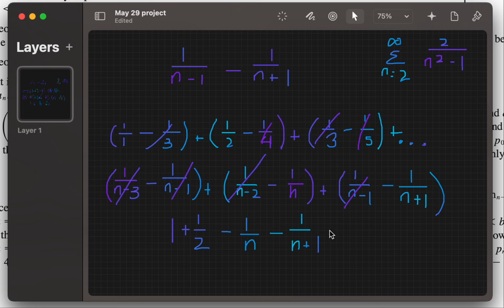Now, when n goes to infinity, 1 over n is just 0, and 1 over n plus 1 is also just 0, so you are left with 3 over 2. So the series of 2 over n squared minus 1 from 2 to infinity is 3 over 2.